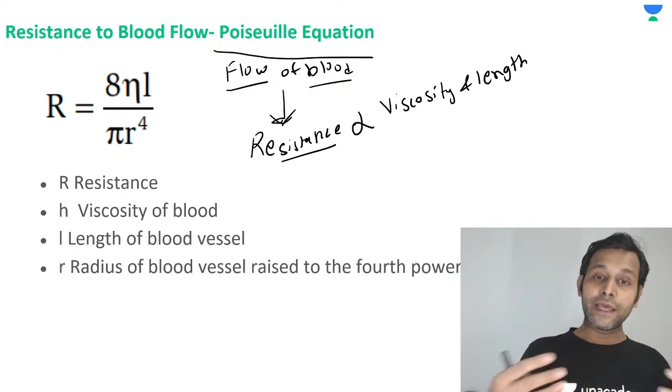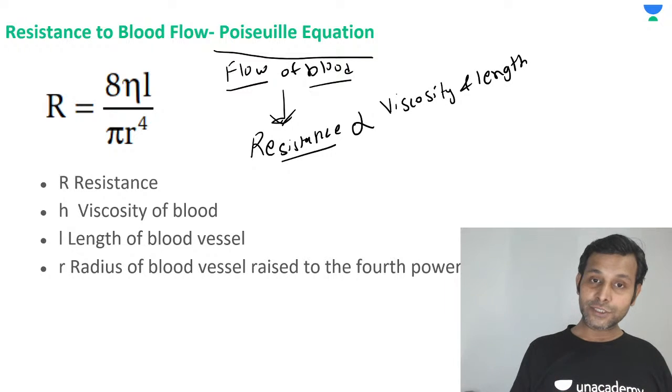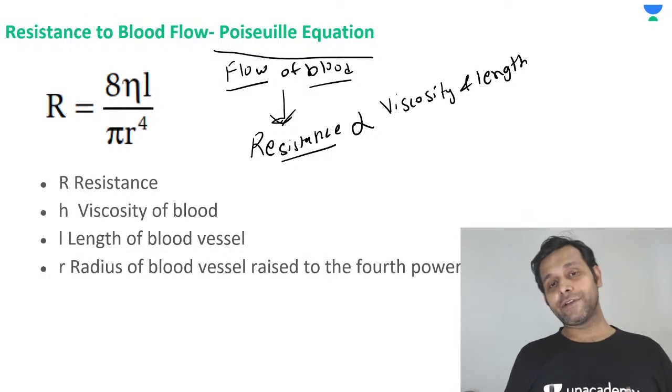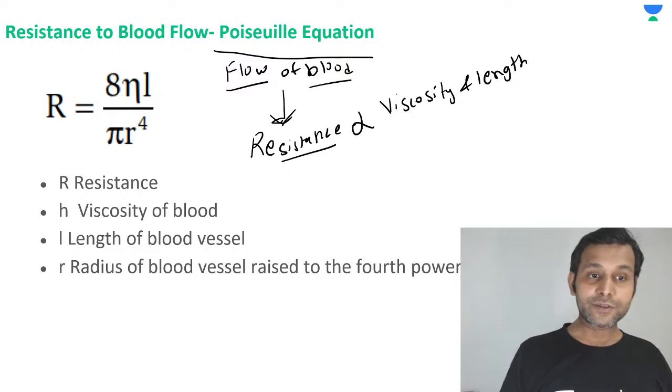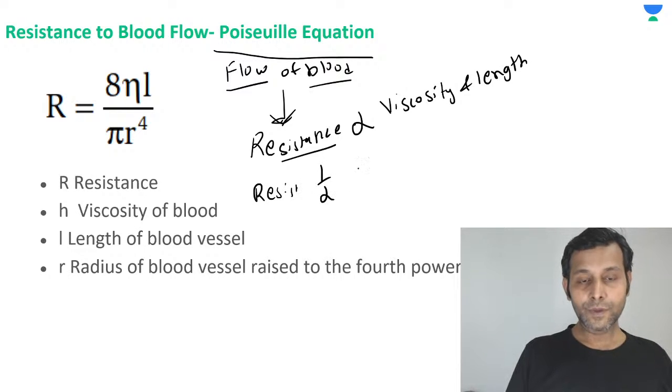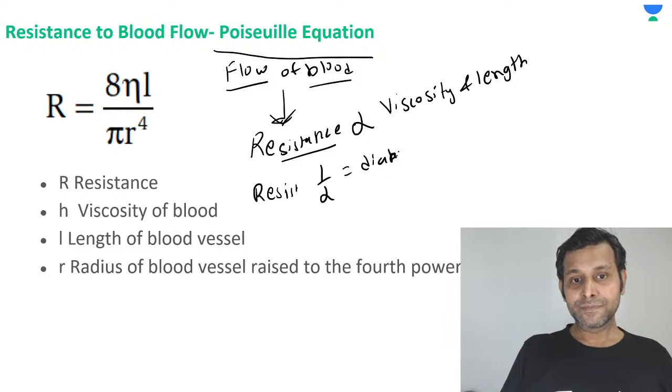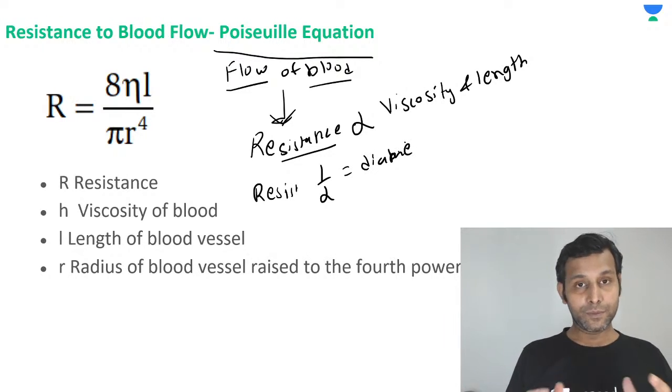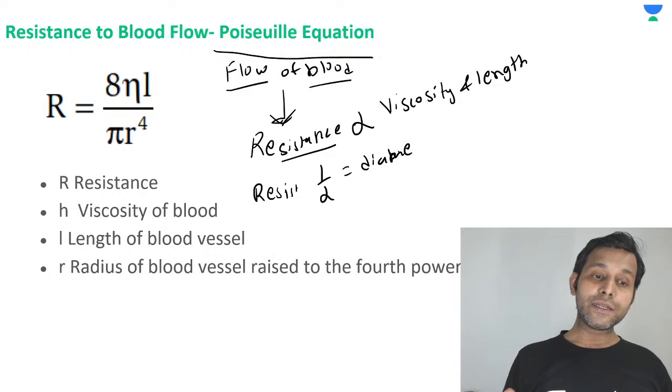So increasing the length will increase the resistance, increase in the viscosity will increase the resistance, whereas resistance is inversely proportional to the diameter. Lesser the diameter, more the resistance; more the diameter, lesser the resistance.